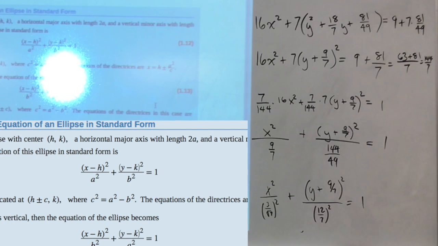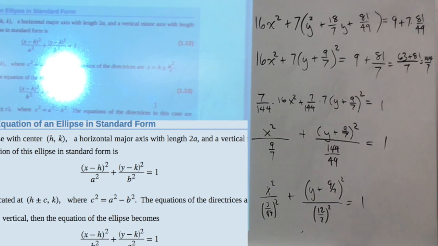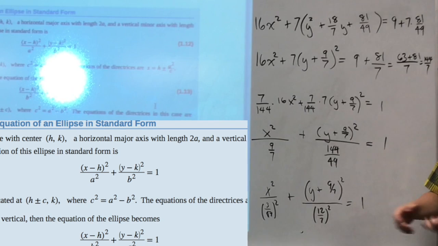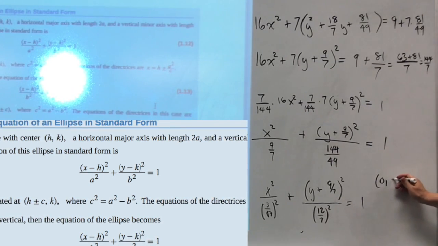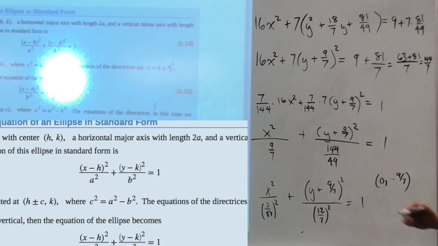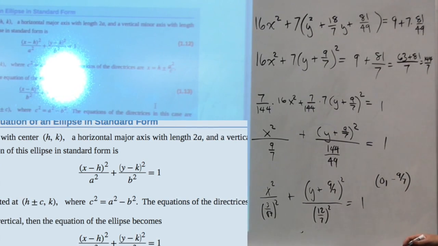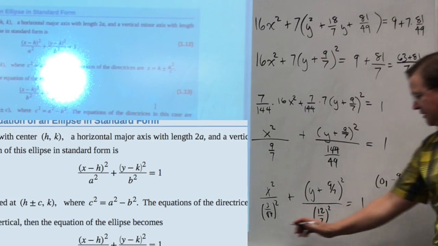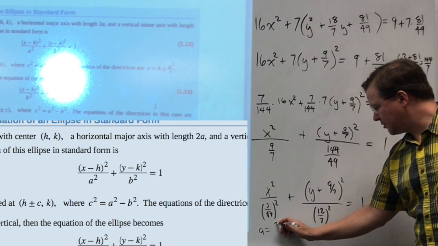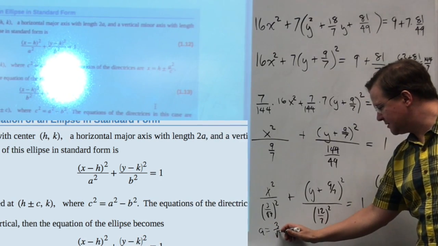And at this point, I can clearly see that this is an ellipse. The center is at 0, negative 9/7. The distance along the x-axis is 3 over square root 7, whatever that is. That's a decimal.